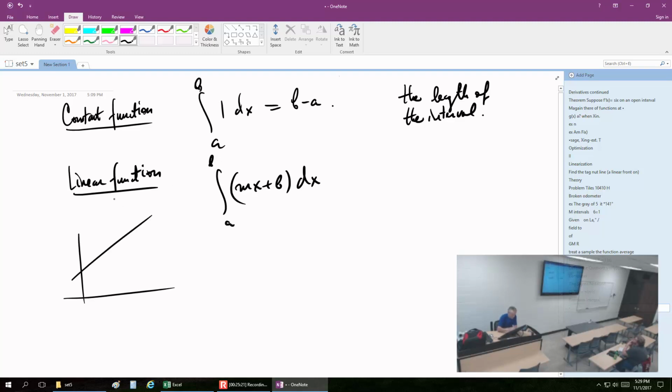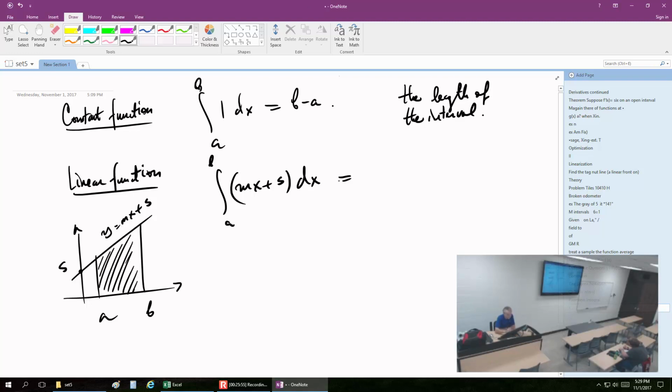So this is my y equals mx plus b. I'll have to replace b with something else, otherwise I have too many b's. So I'll say s, for the y-intercept. This over here is a, this is b, and this integral is the area.